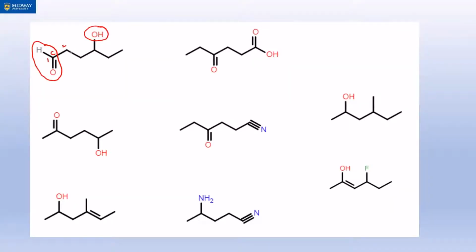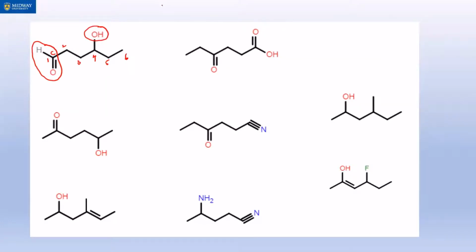The second thing I asked you to do is to figure out the long chain and then the numbering. The long chain is 6 carbons. Which side do we start numbering from? Obviously, the side that contains the higher priority group, and in this case, it's the aldehyde. So we start from this side.